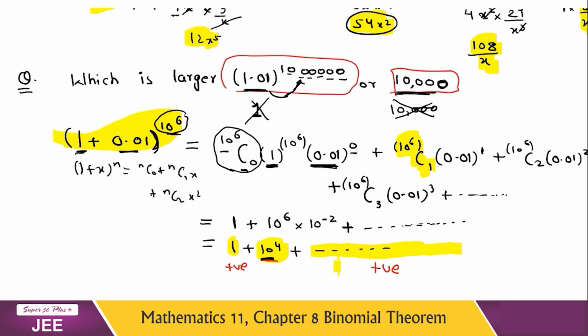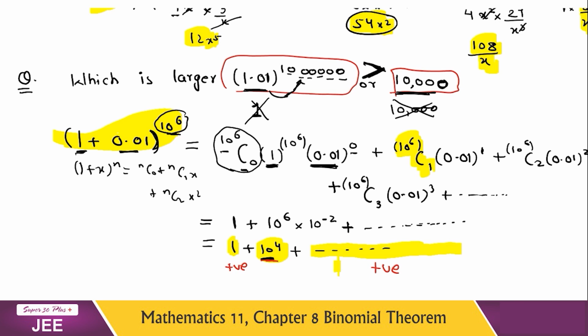So what do you think? Which quantity becomes larger? Obviously, the quantity on the left hand side, that is 1.01 raised to the power 10^6, is greater than 10,000. If you had made a rough guess, you would have ended up making a blunder of approximating it to 1 while the RHS was 10,000, and you might have got an incorrect answer.